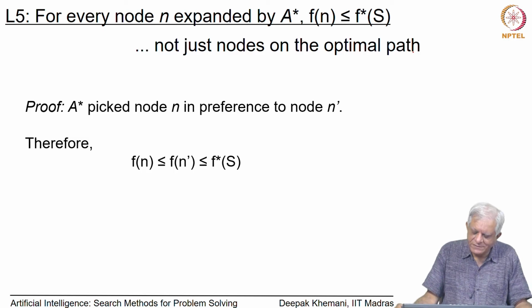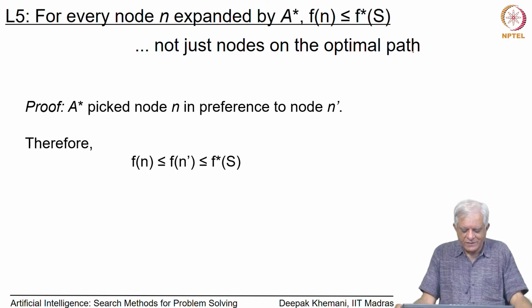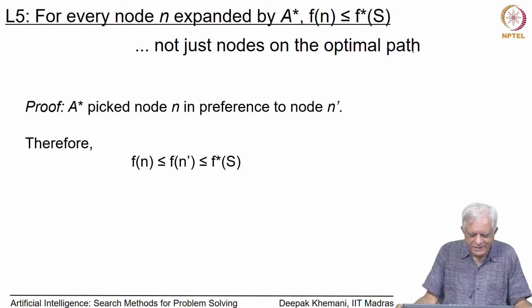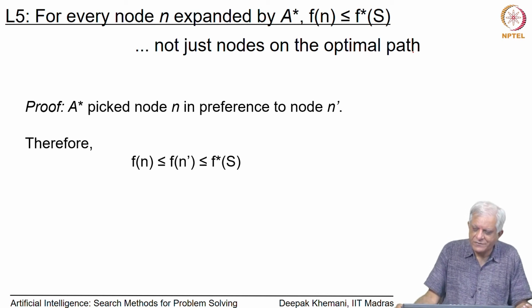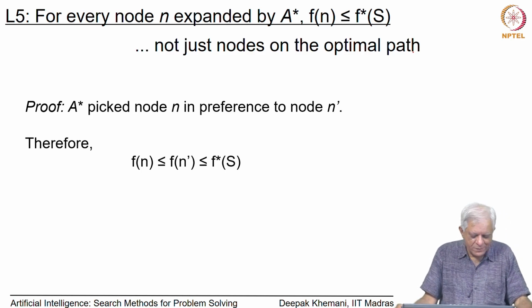So, f of n must be less than or equal to f of n prime. But we have already shown in lemma 2 that f of n prime is less than f star of S, which is the optimal cost. So, therefore, the estimated cost f of n for any node that A star picks must be less than the optimal cost.